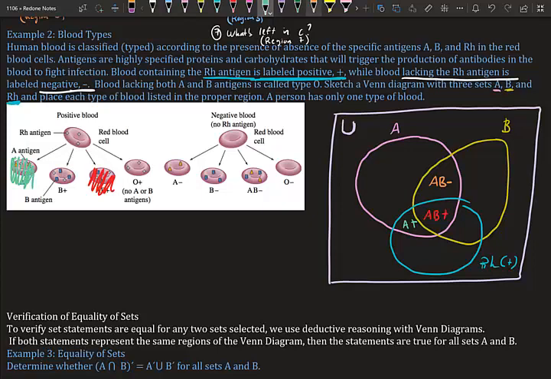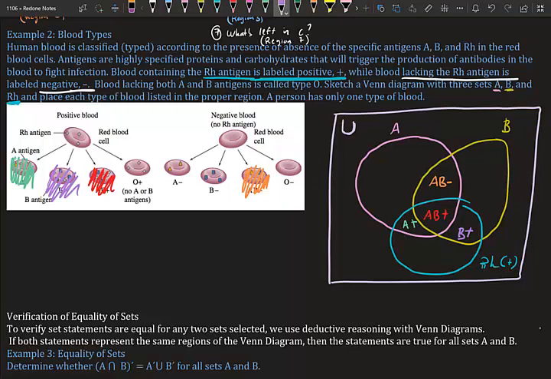We also used AB negative, so let's cancel that out. All right, now we move on to region 6. I'm one off in my head today. In region 6, that's where B and positive meet. So that's B positive. We used B positive, let's go ahead and get rid of it.